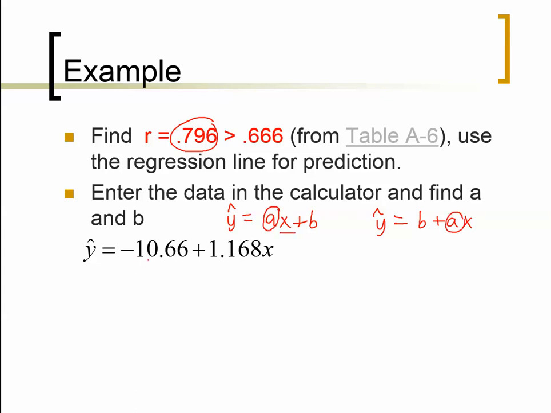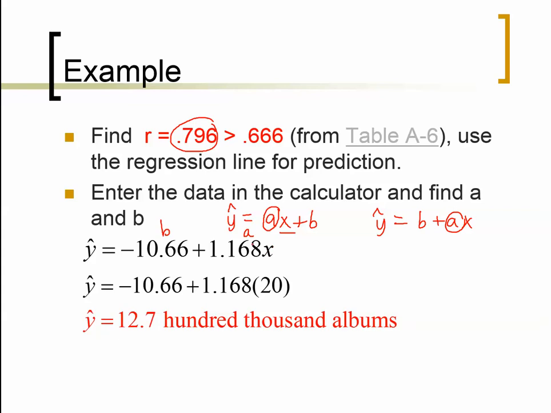So I have negative 10.66, that was the b, plus 1.168, that was my a, and I put that next to x. Now they wanted me to make a prediction for the 20, 100 million, so I just put 20 in for x, and I work that out, and I'm going to get 12.7, and that's 100,000 albums.